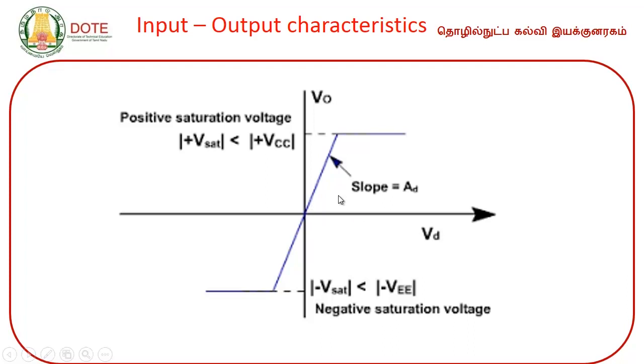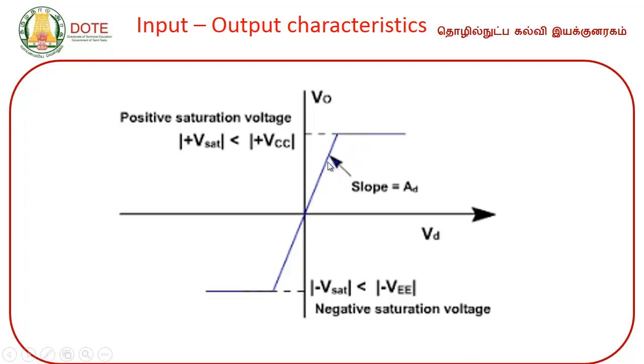So this curve indicates what? When Vd is 0, the output voltage is 0. When Vd keeps on increasing, the output also increases linearly. Now you see here output voltage increased linearly with respect to the differential input voltage, that is why it is called linear IC, right?